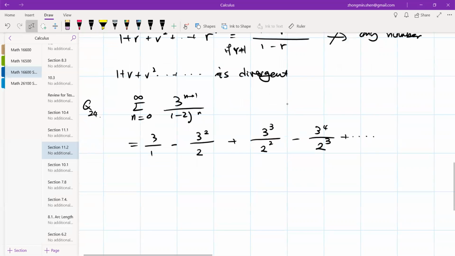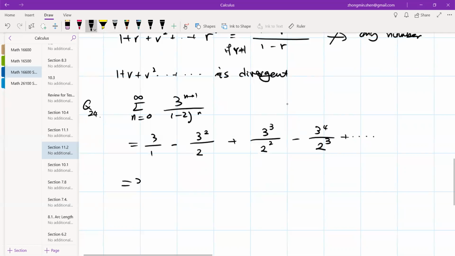So how do we analyze that? We can take the common factor out. The term we want to take out is 3.